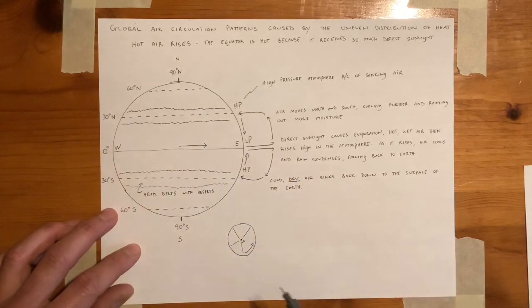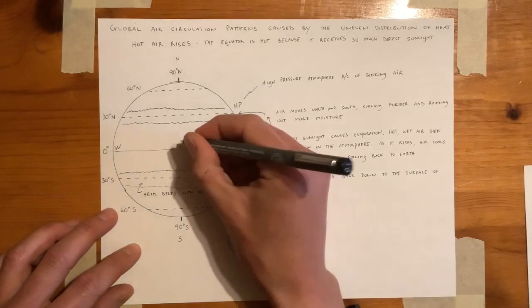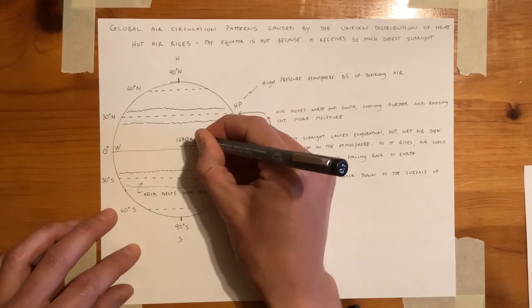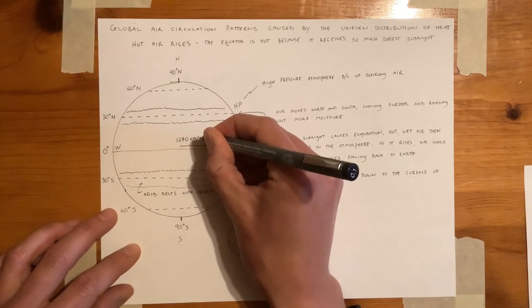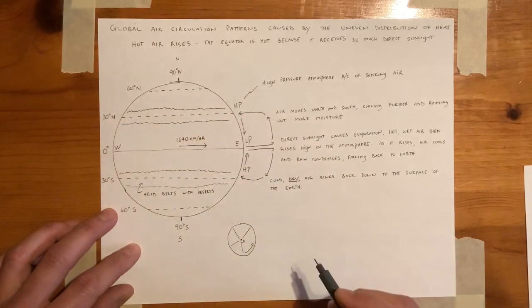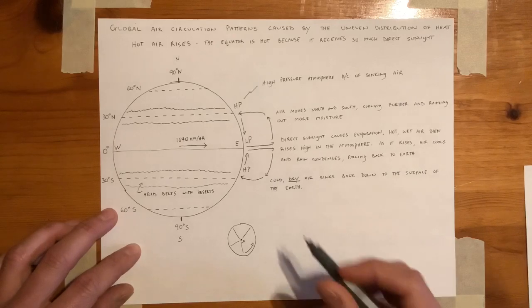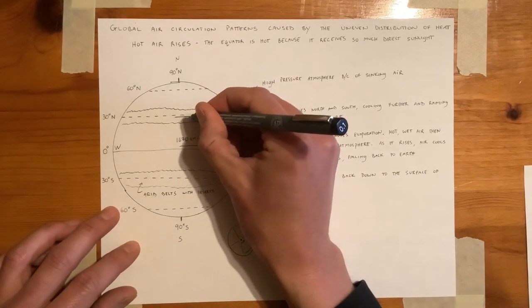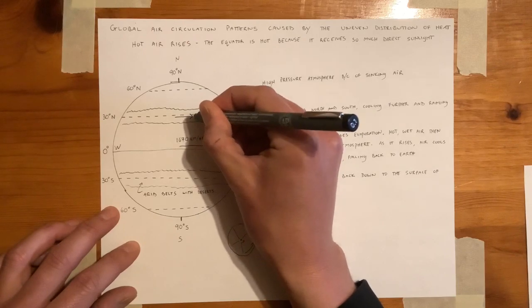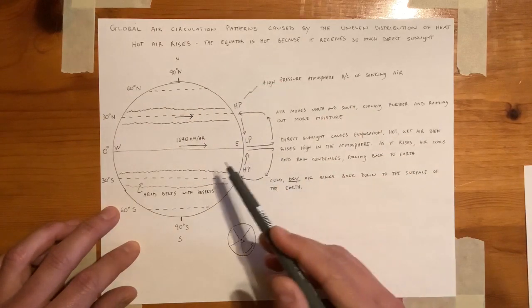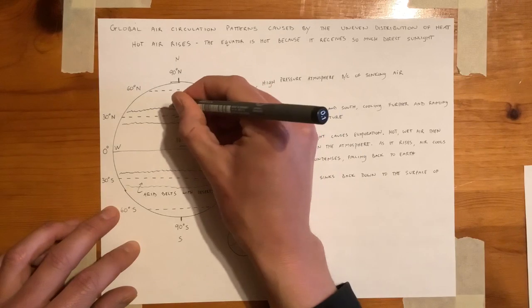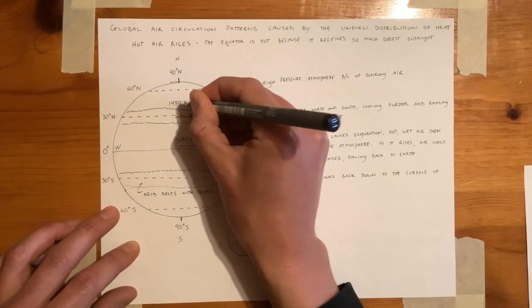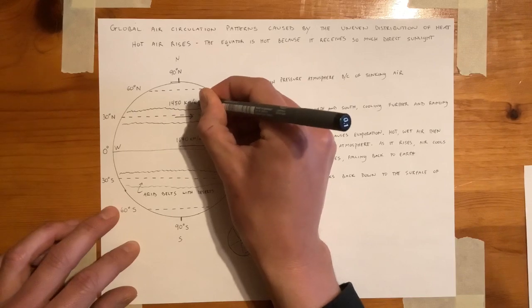So it turns out that the equator is rotating at about 1,670 kilometers per hour, right? Really, actually pretty fast. And then at about 30 degrees north, it's rotating slower at about 1,450 kilometers per hour.